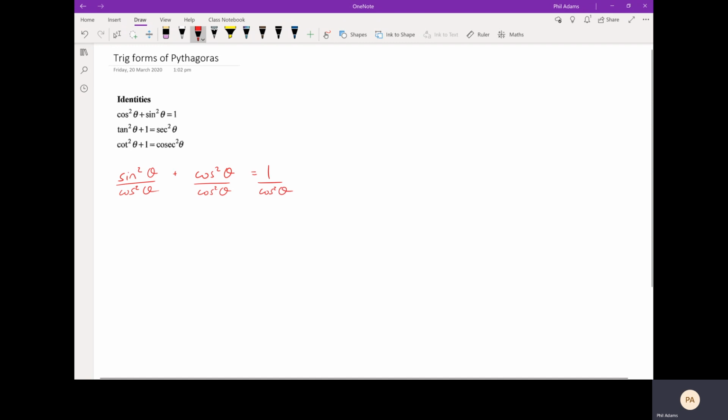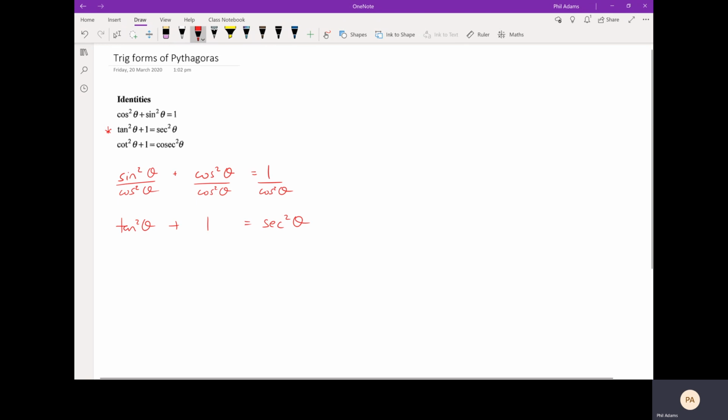And the first thing, hopefully you recognize, is the same as tan squared, because sine over cos is the same as tan. Then we end up with our 1 here. And because sec squared is the same as 1 over cos squared, we therefore have that. And you can see that is our second identity, right here.